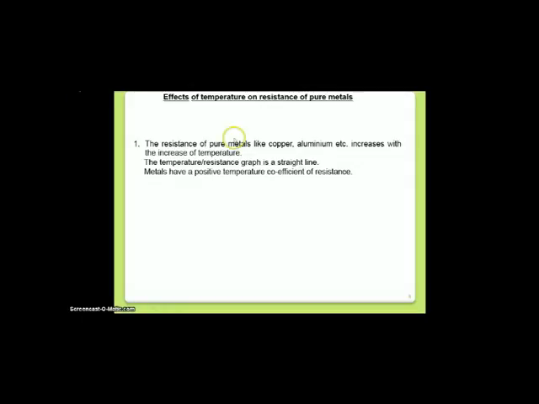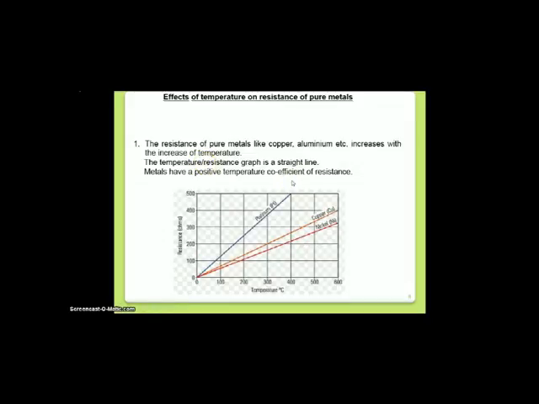That is, if the temperature increases, the resistance of the sample also increases. The temperature-resistance graph is a straight line for most pure metals. They are said to have a positive temperature coefficient of resistance.